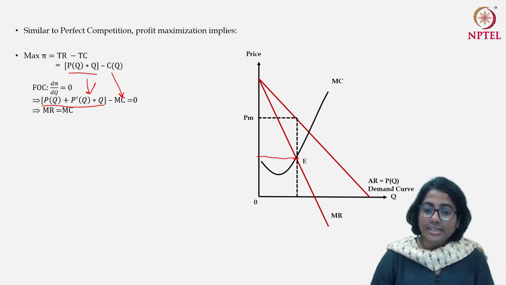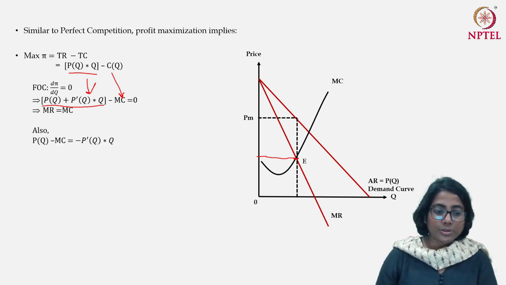So the quantity is determined by the intersection of marginal cost and marginal revenue. Once you decide the quantity, you put that quantity in the function of the demand curve, and then you determine what is the price that the monopoly would charge. So this is the difference between the monopolist and the competitive firm.